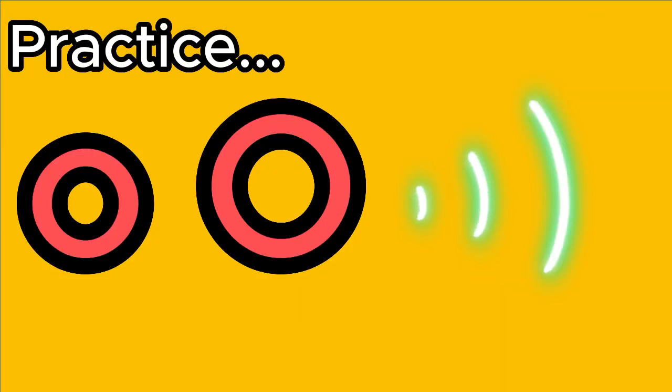O. And the last one, U for U, very good. Now, practice this for a bit. Don't rush through. Be as comfortable as you can. Practice your A, E, I, O, and U.